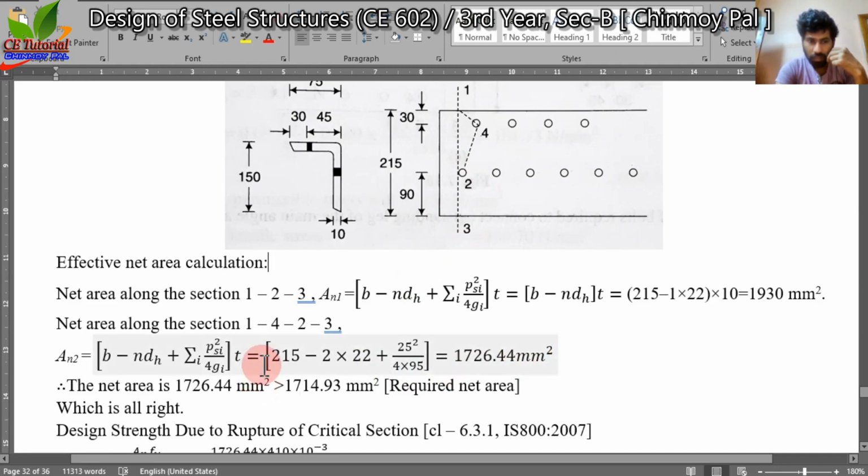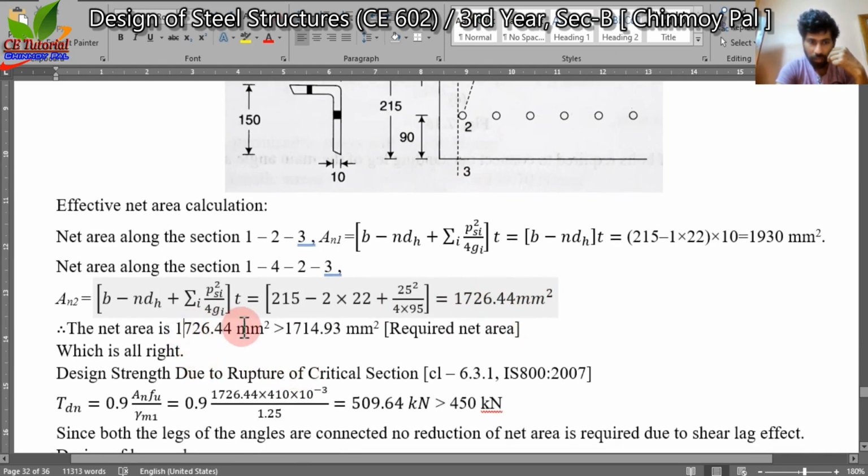The actual net area will be the minimum of those two, that is 1726.44 millimeter square. This is the actual net area, and this is also greater than our required or calculated net area. That means this section can carry the tensile force, that is 450 kN.